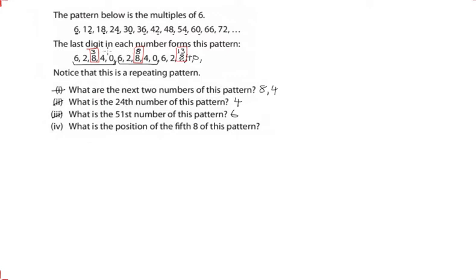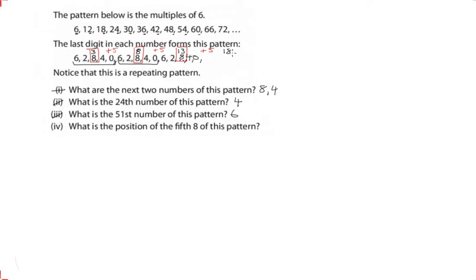So the difference in number is 5, isn't it? It's plus 5, plus 5. So the fourth 8 must be 13 plus 5, which means it would be the 18th position, okay? So the 18th position is the fourth 8.